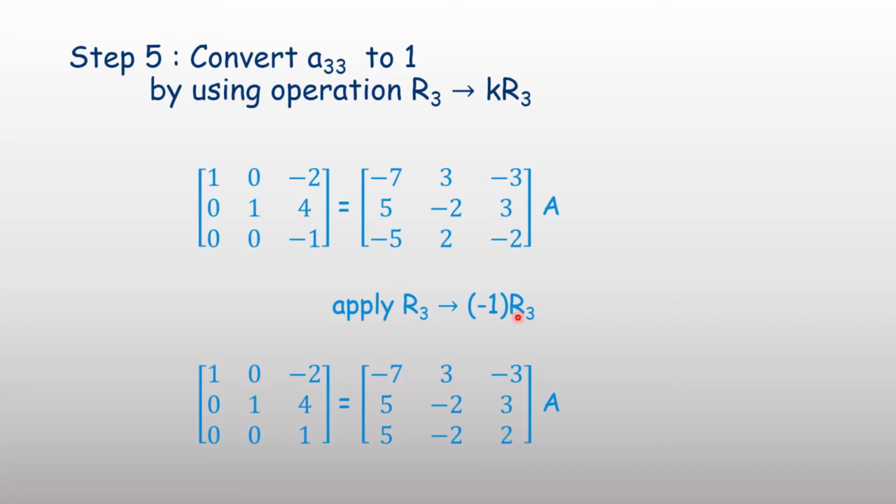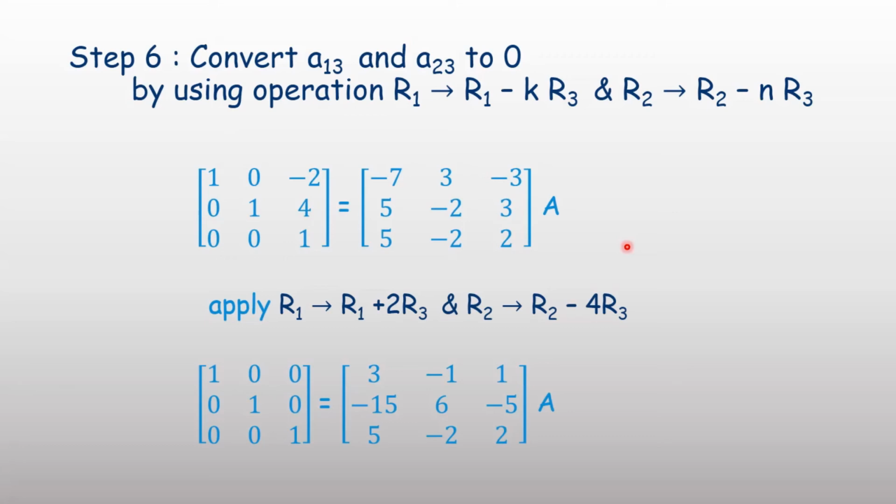Now sixth and last step. Remaining two elements write 0 with the help of 1. With the help of 1 means with the help of R3. In this step, you have to convert remaining two elements of third column 0 with the help of R3.